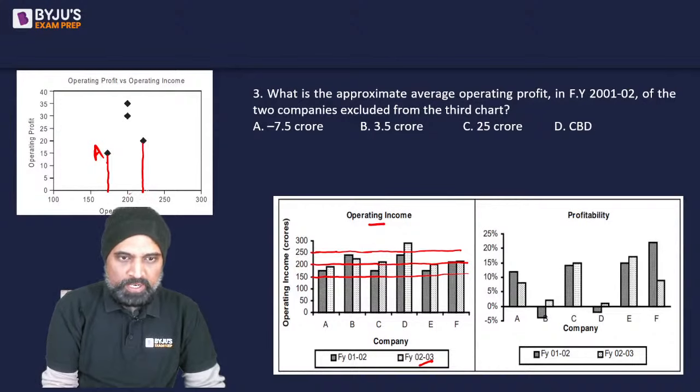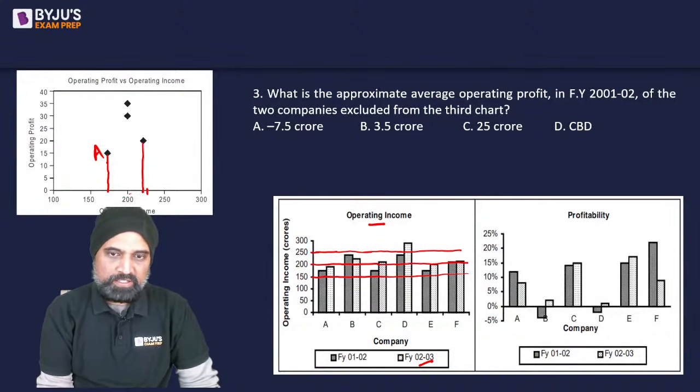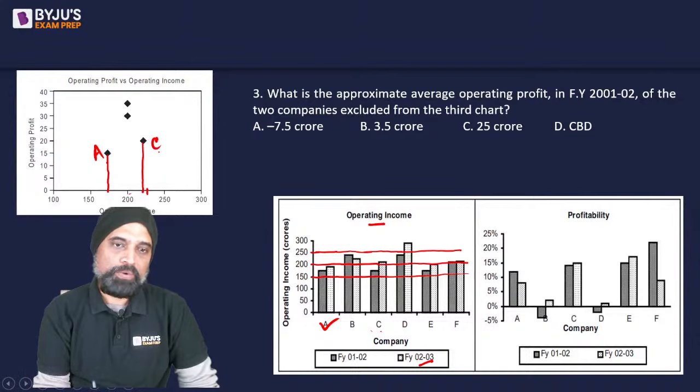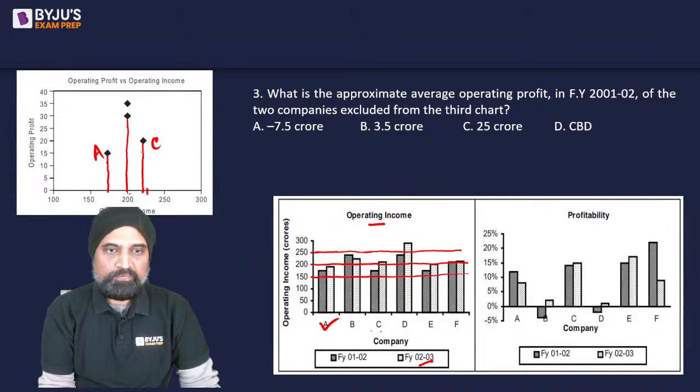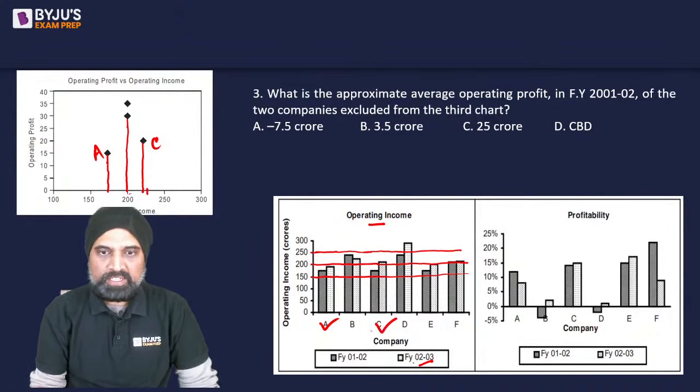If you look at 200 and 250, this is going to be 225. This is less, so it should be closer to this. A is done. This should be C and not B. The values are going to be close to 200, not exactly 200, maybe 200 or less than that. So C is done, right?